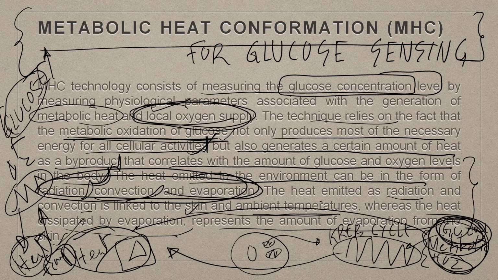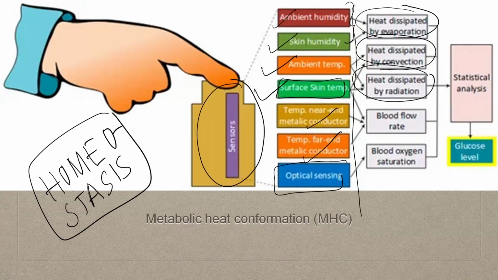So, you have to know all these three different kinds of heat being generated by your body, and this is exactly what you are doing here: heat dissipated by evaporation, by convection, and by radiation.